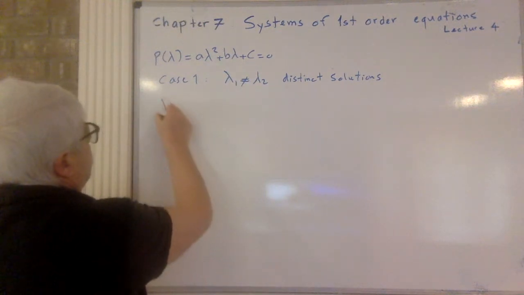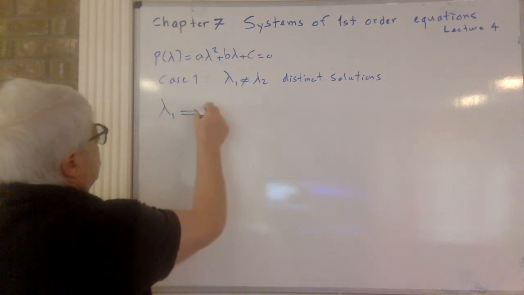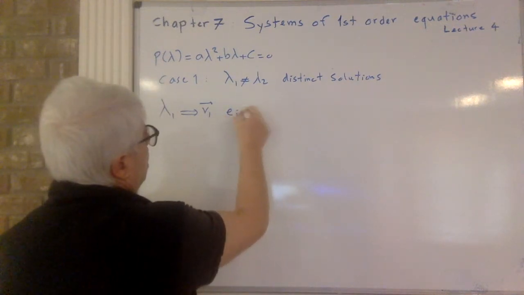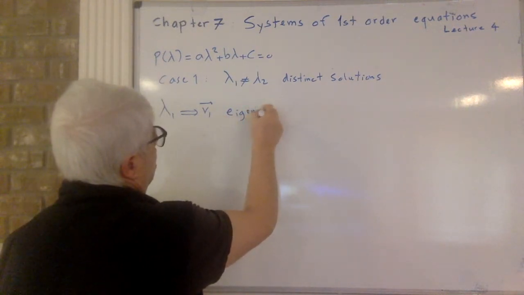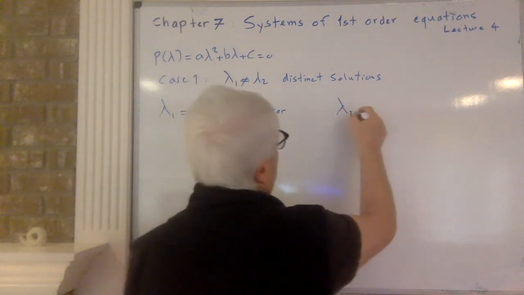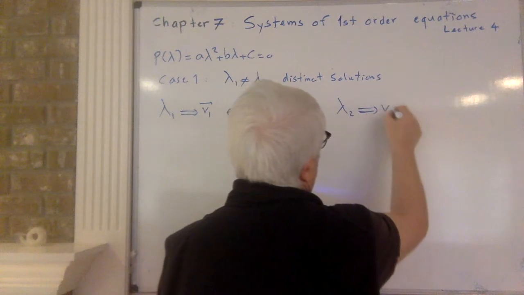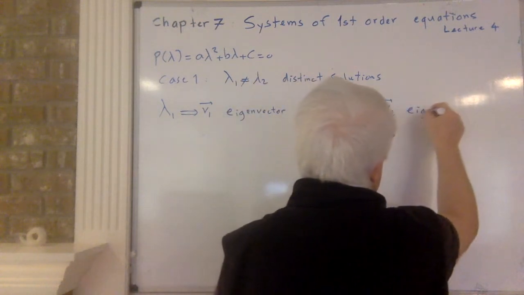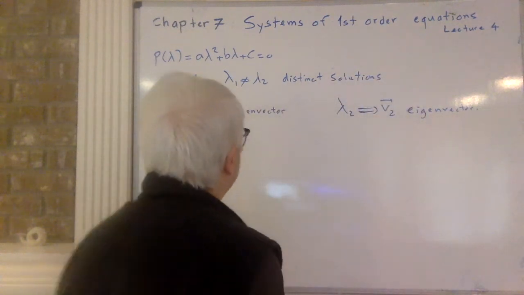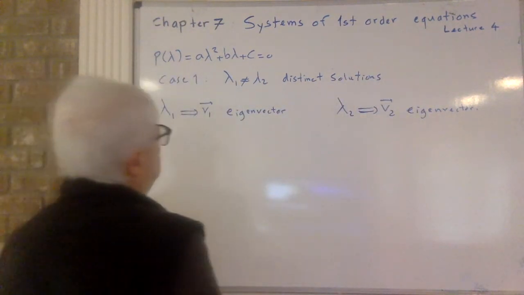Lambda 1 gives me v1 eigenvector, and lambda 2 gives me v2 eigenvector. So I have 2 solutions then.